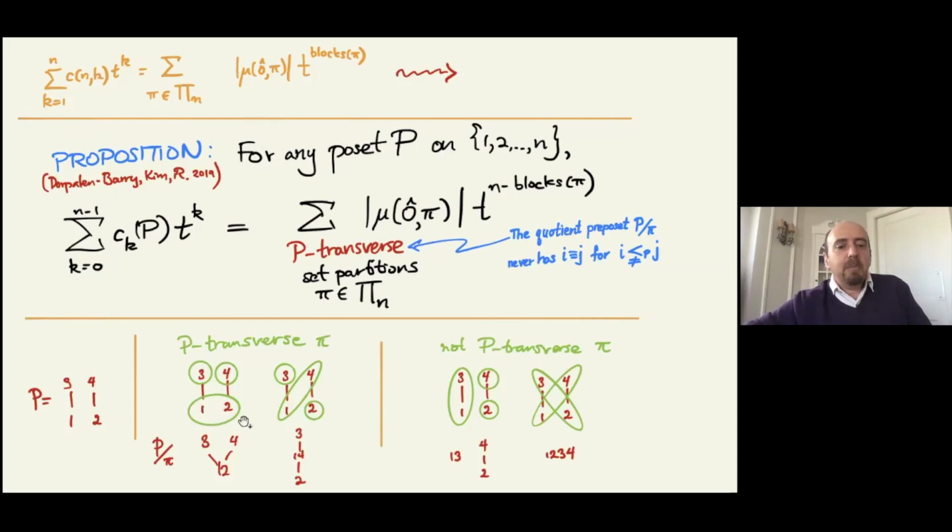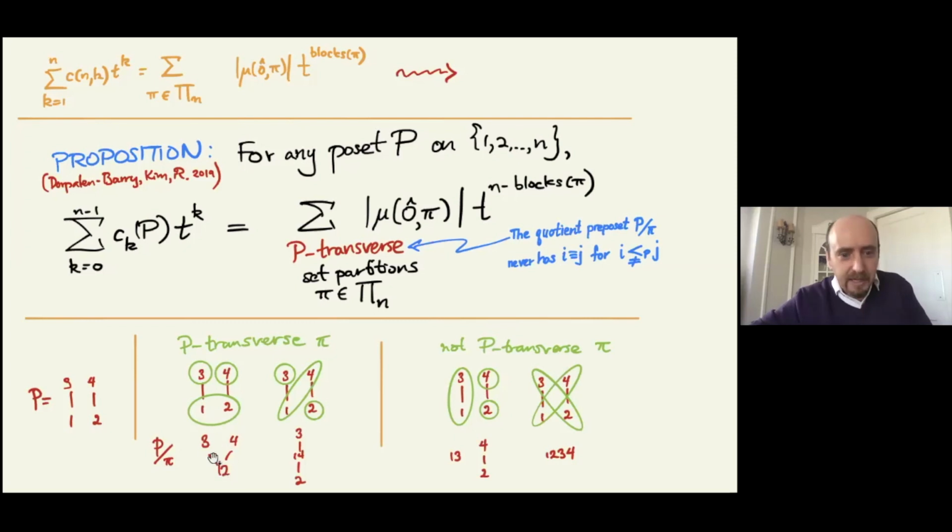I've drawn some P-transverse set partitions on its elements. What P-transverse insists on is that if you glue together the elements of the poset that are in the same block, the quotient pre-poset, which will only be a quasi-poset because now some things have been set equal, will never set equal two elements that were strictly less than each other before. So, for example, this P-transverse partition glues together the 1 and the 2.